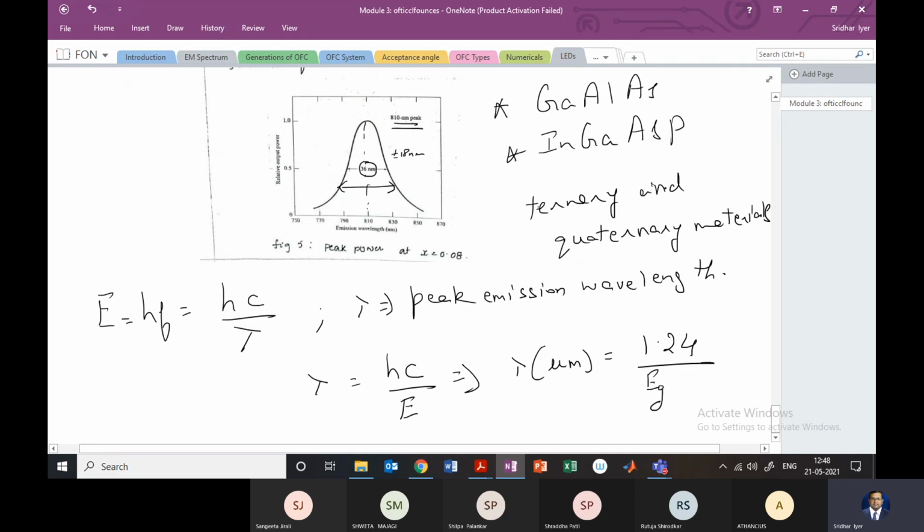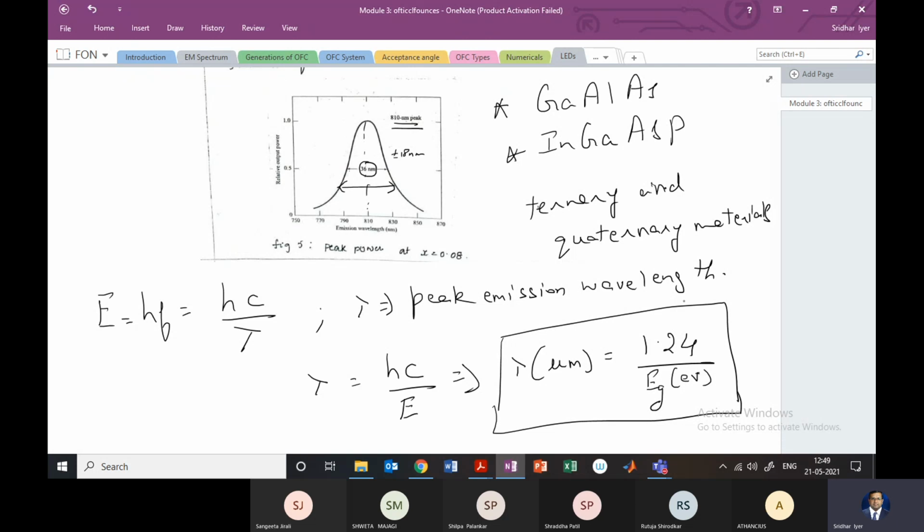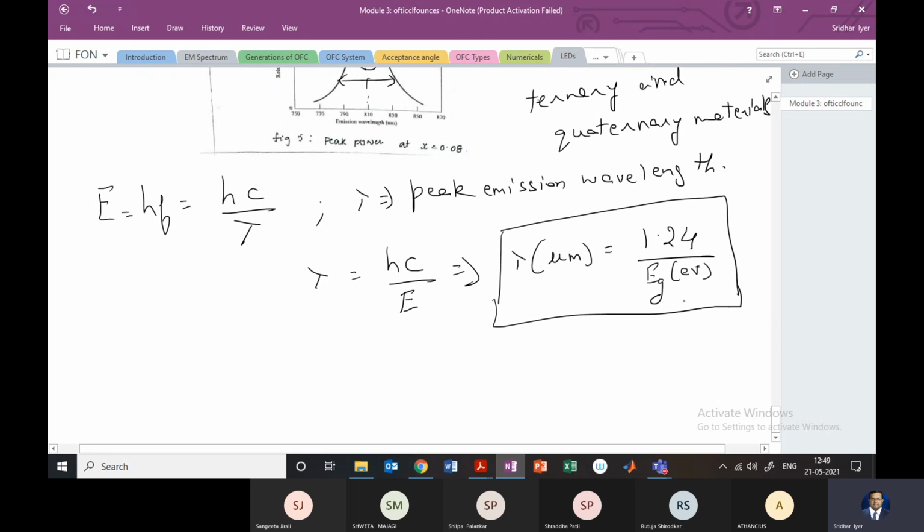I've changed E to Eg to denote its band gap energy, and this should be in electron volts. So this is a standard equation we can use to find the peak emission wavelength. We put the values of h and c in the numerator to get 1.24, and then we can always have the band gap energy, right?